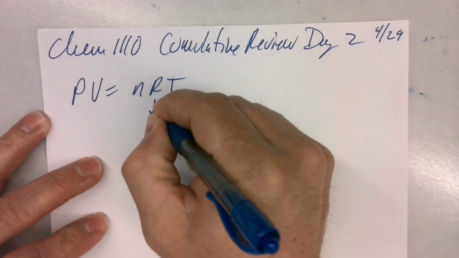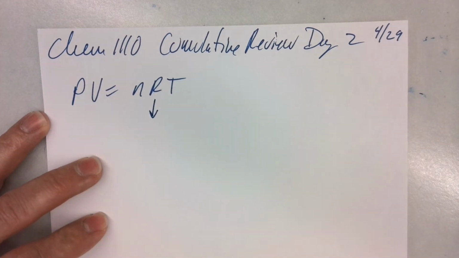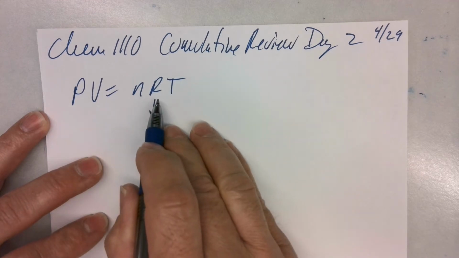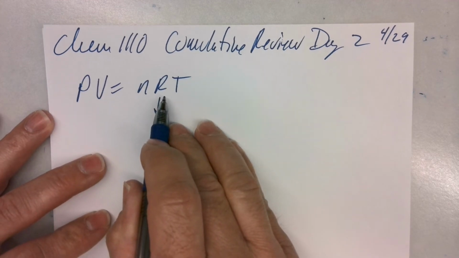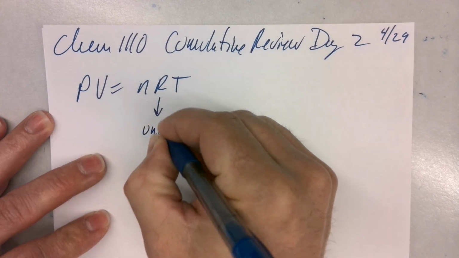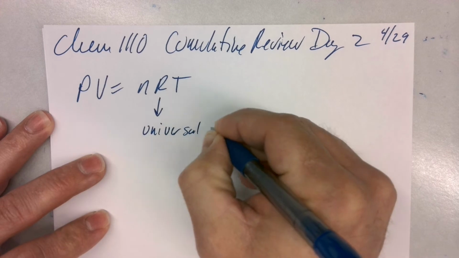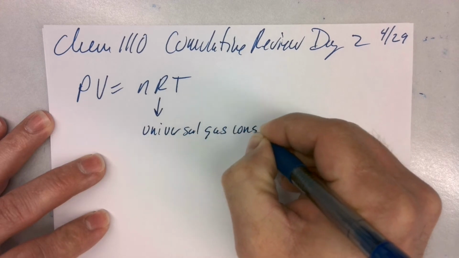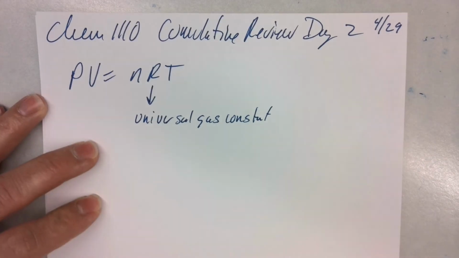I heard that. Who was that? That was a girl's voice. Who was telling me what R was? It looks like the universal gas constant, is that what? Yep, universal gas constant. Anybody got that in their notes?